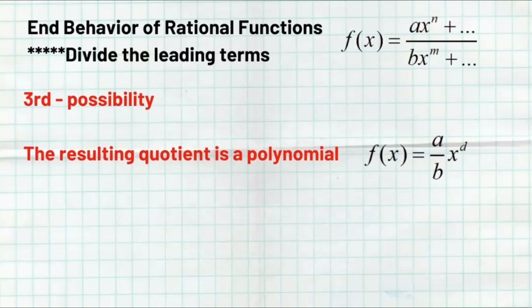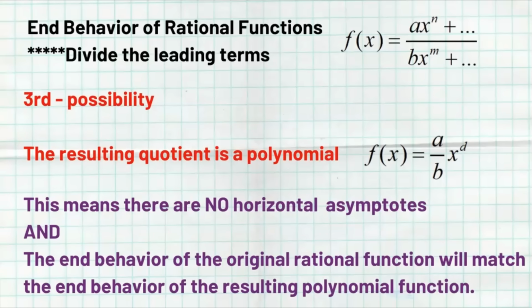Now, a third possibility is that the resulting quotient is a polynomial. So here we're going to get our leading coefficients, a over b, but then we had a higher degree in the numerator, so we left an x raised to the d in the numerator. Now what this means is that we have no horizontal asymptotes whatsoever.